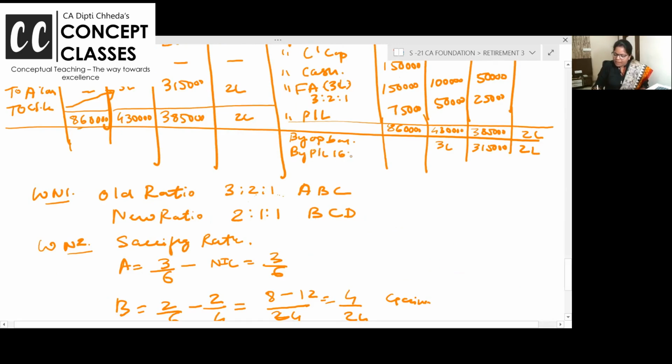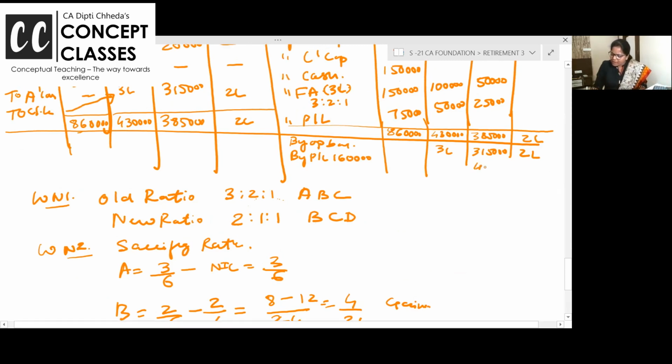By P&L account 160. नीचे ही रेशियो दिया है 2:1:1. 1,60,000 by 1/4. 40,000, 40,000, 40,000, 40,000, 80,000. Give it the profit.